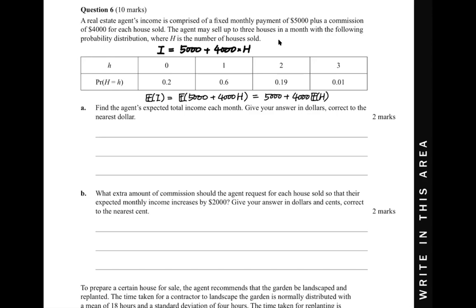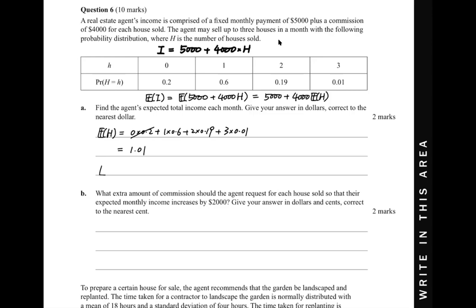Now I could use the expected number of H, that is 0 times 0.2 plus 1 times 0.6 plus 2 times 0.19 plus 3 times 0.01. And this should be 0.6 plus 0.38 plus 0.03, which is 1.01.